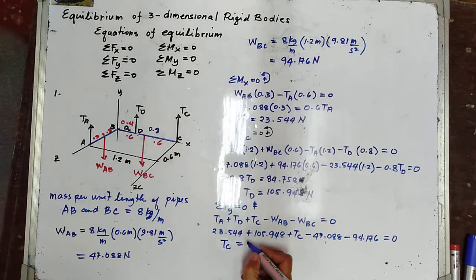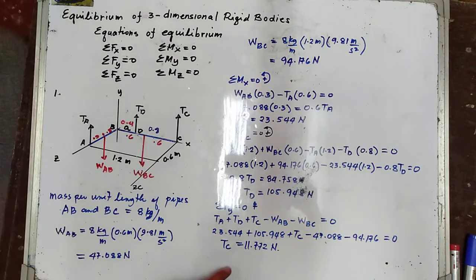Hence, the value of TC is 11.772 newtons.